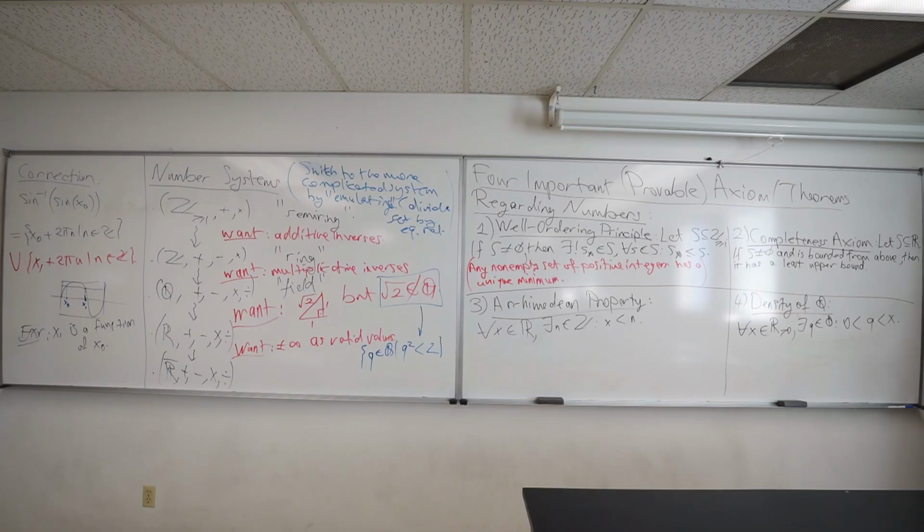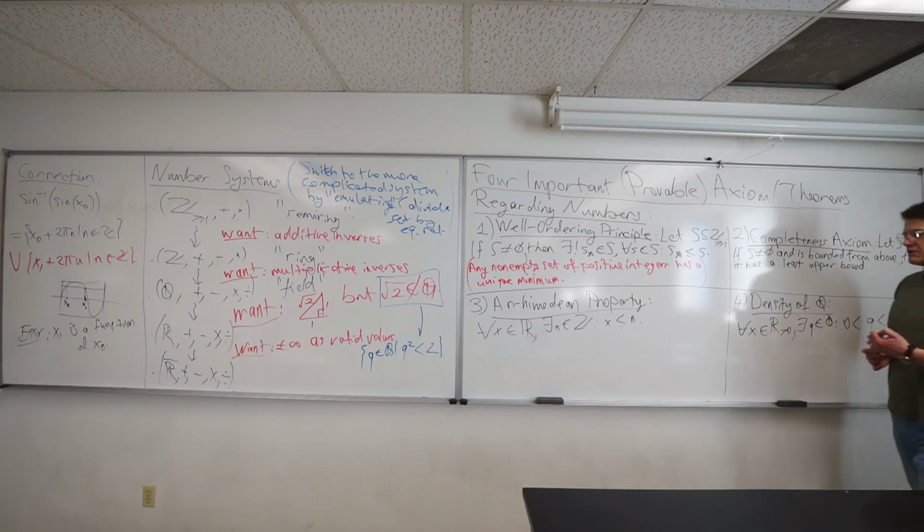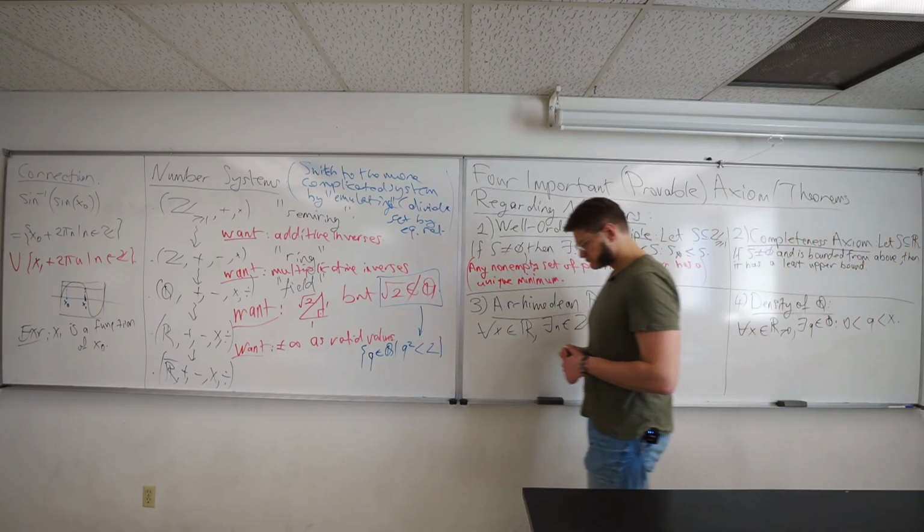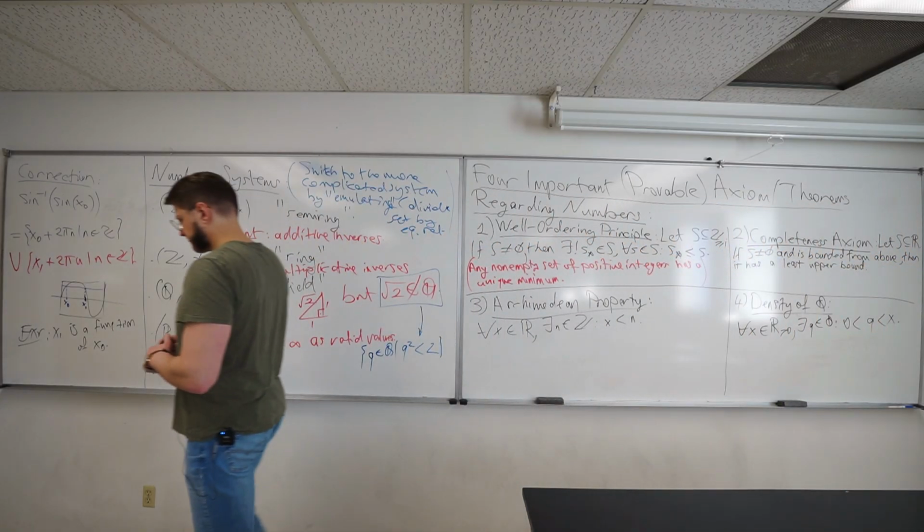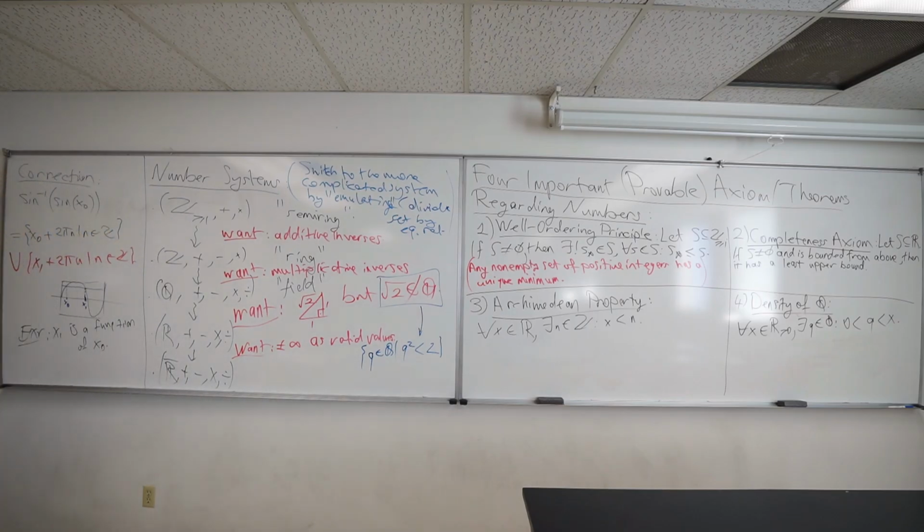Okay. These are the four axioms that we're going to keep using throughout this class. We're going to say, oh, this, that, the other thing. Why? Because of this axiom. Any comments or questions about this?